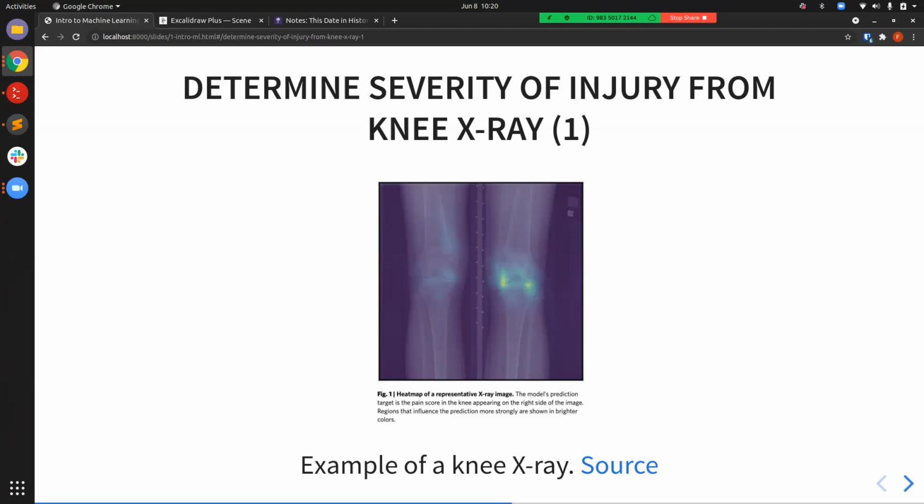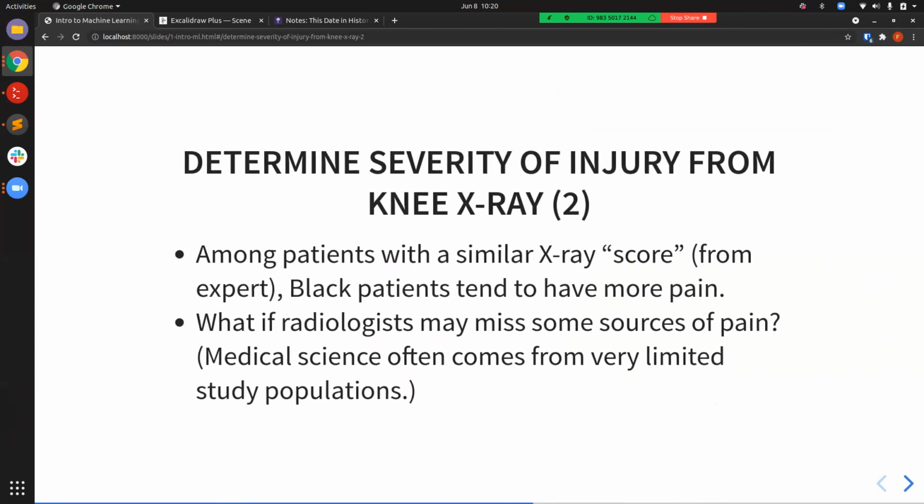Is there any way to fix this system? Well, this paper comes from an article that does something very interesting. Instead of training the machine learning model to predict the radiologist score, so the problem with this model is not that it was trained only on white data. Okay?